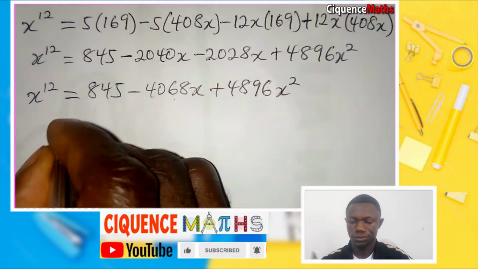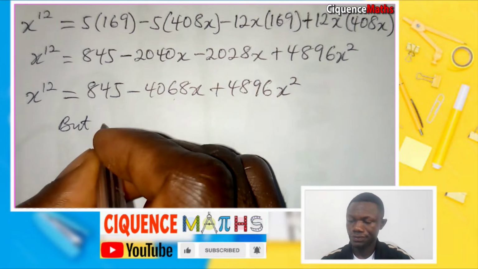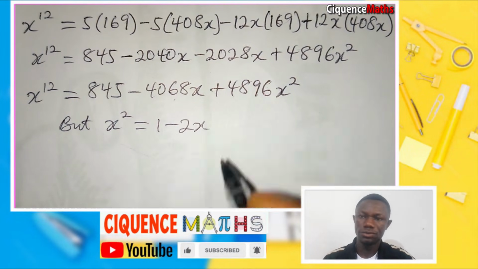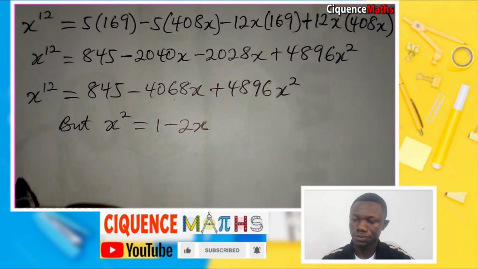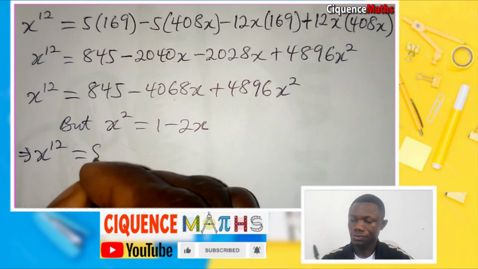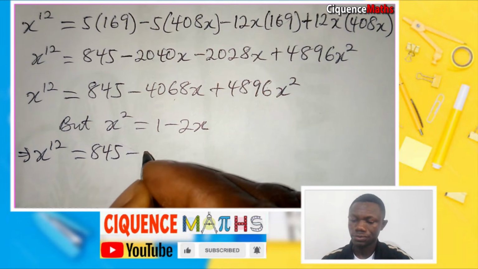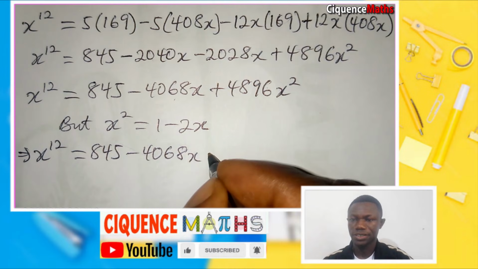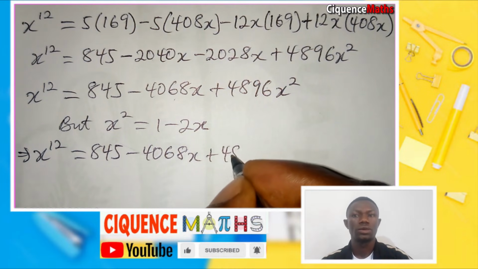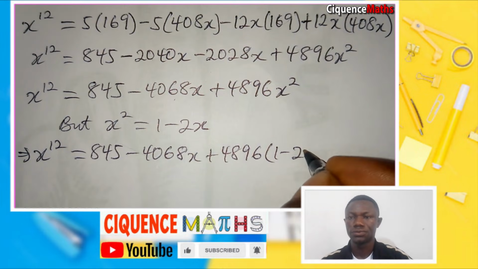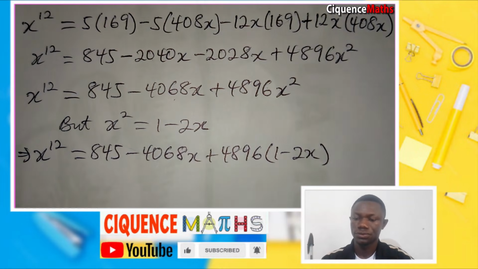But we have the value for x squared to be 1 minus 2x. Then we substitute. So we have x exponent 12 equal to 845 minus 4068x plus 4896 times (1 minus 2x).